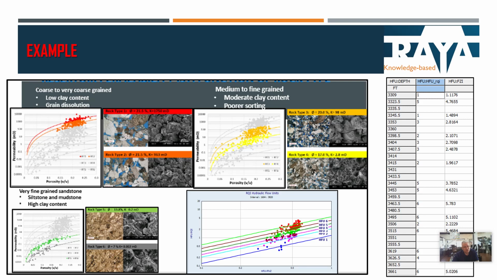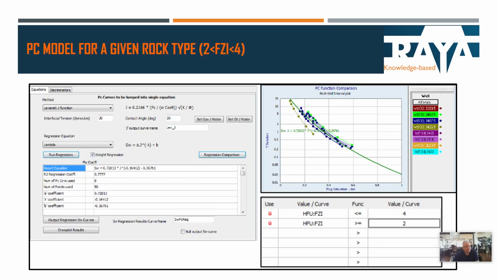We can use this data for grouping and separating the PC curves to make different PC models, to calculate the saturation height above free water level based on the rock type.